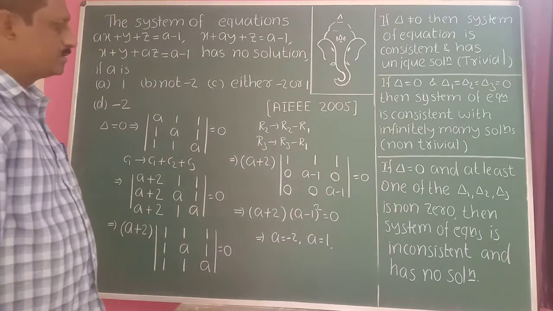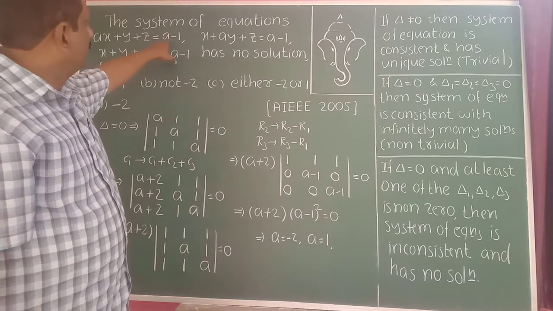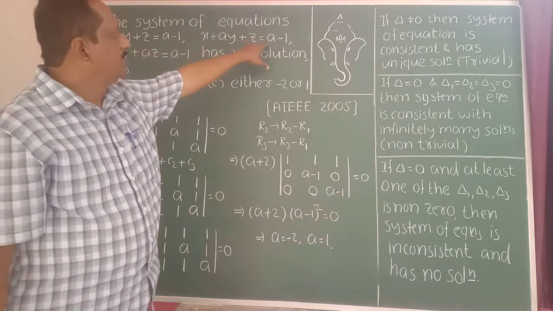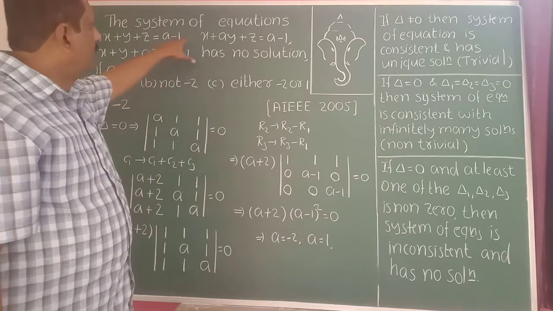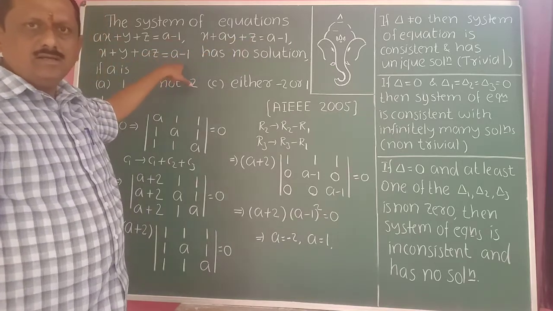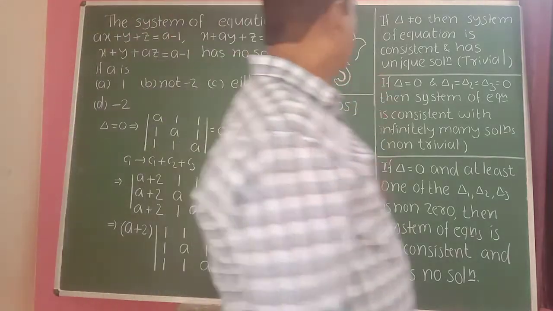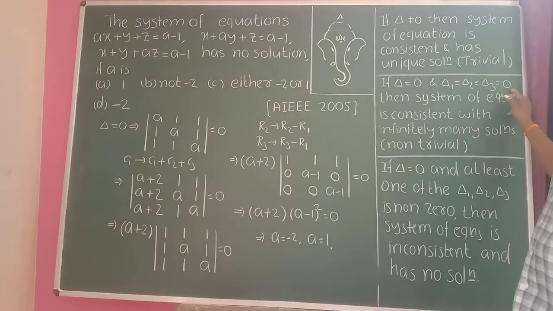Suppose A is equal to 1. Then 1 minus 1 is 0, 1 minus 1 is 0, 1 minus 1 is 0. All the right hand side terms become 0. If all right hand side terms are 0, then delta 1, delta 2, delta 3 are 0, and then it has infinitely many solutions.